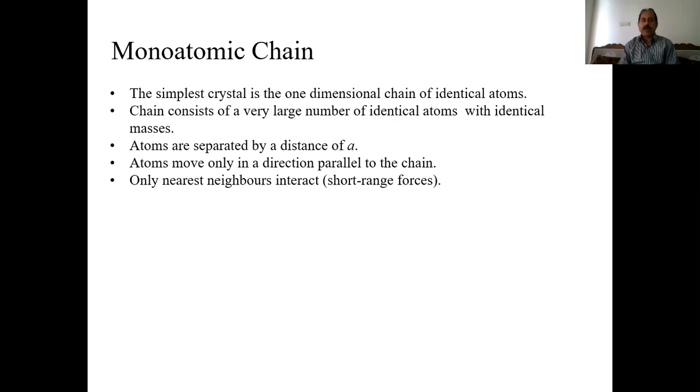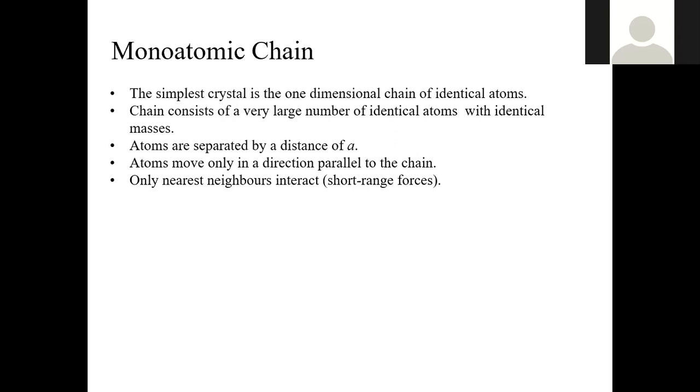So the effect of adjacent atoms, even a little bit of nearby atoms, will have some effect on the vibration of the atom, and that vibration and wave propagation will be something different. To study this, we will start with a one-dimensional array.